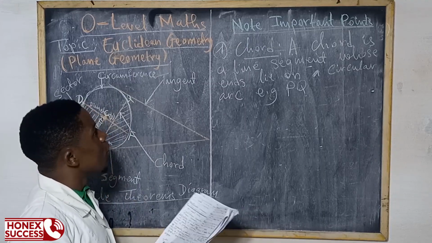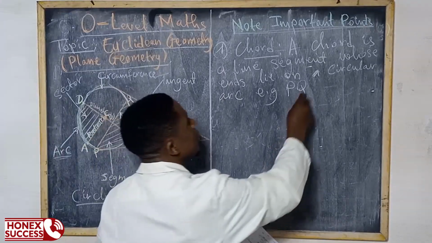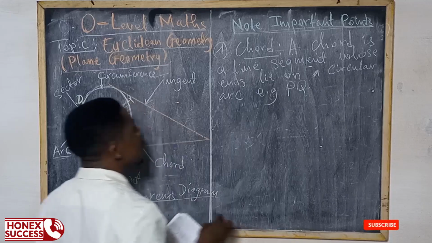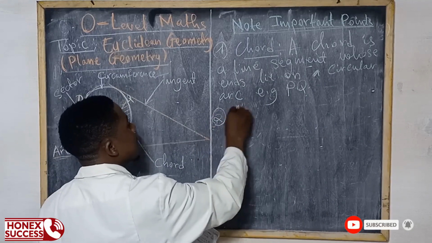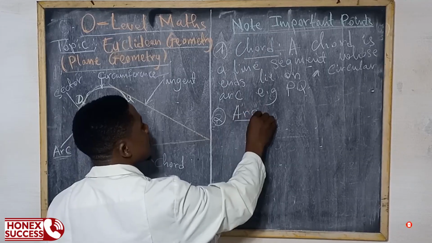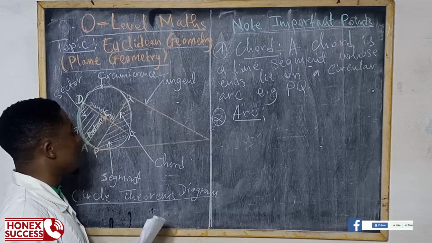Okay, so the next important term in Euclidean geometry or plane geometry that I want us to define is an arc. What is an arc? It is also a very important term to know.